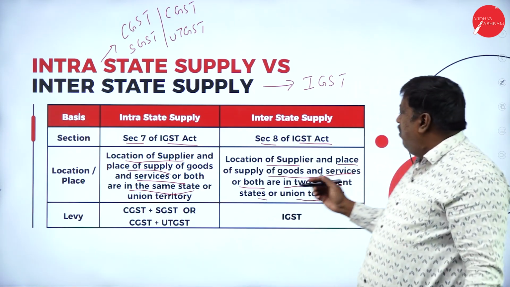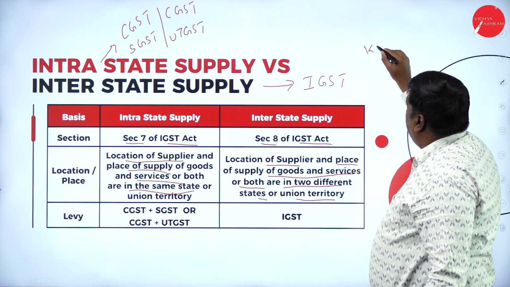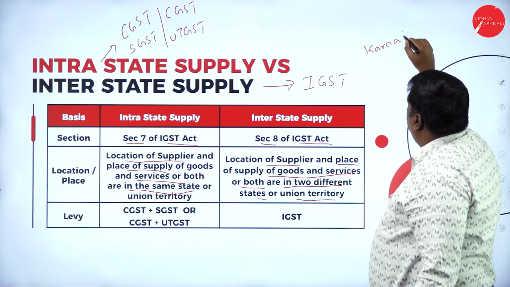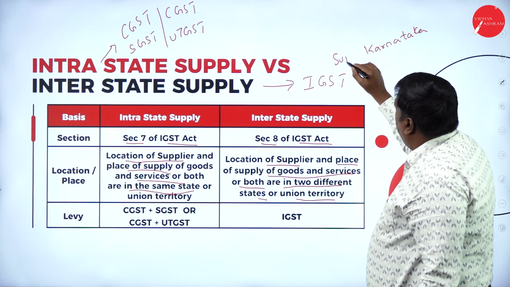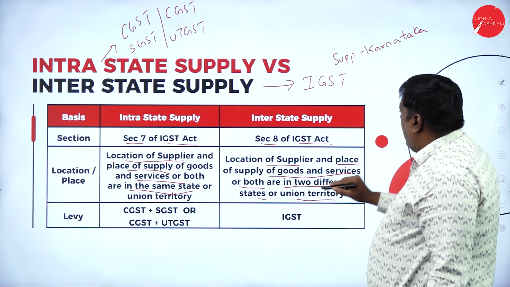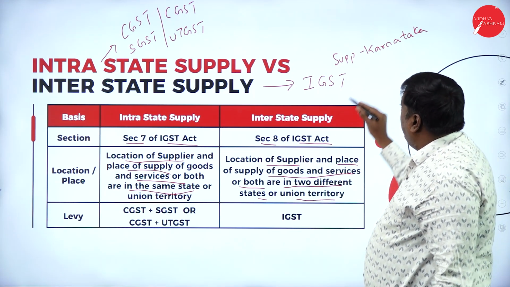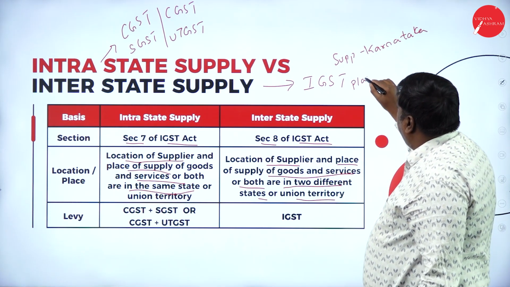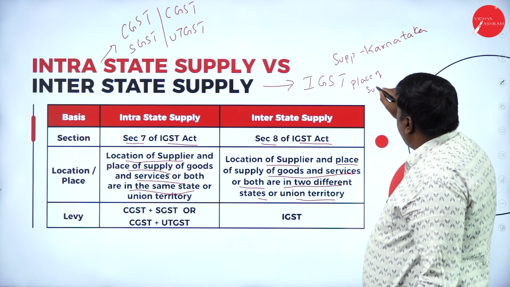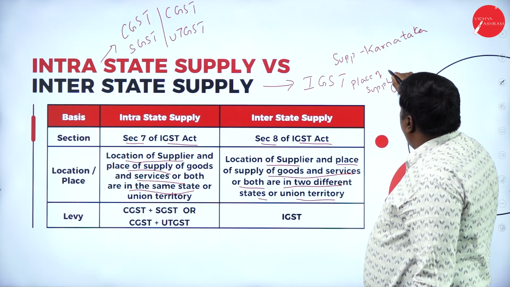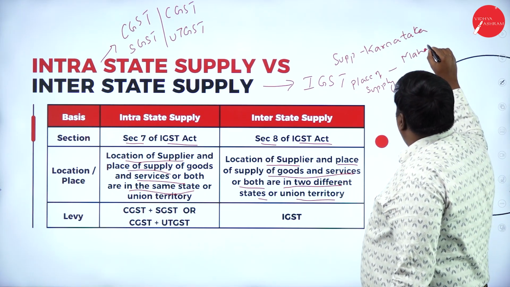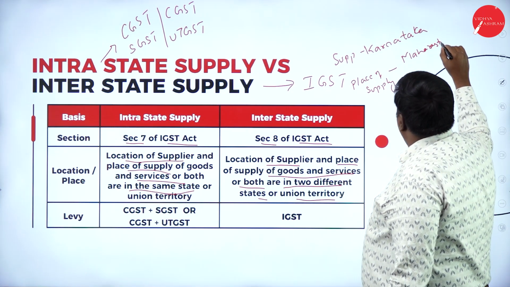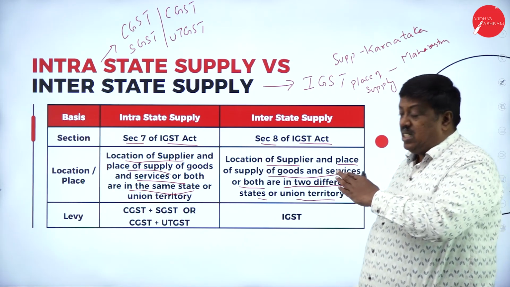For example, if the supplier is in Karnataka and the place of supply is Maharashtra, then this is called interstate supply.